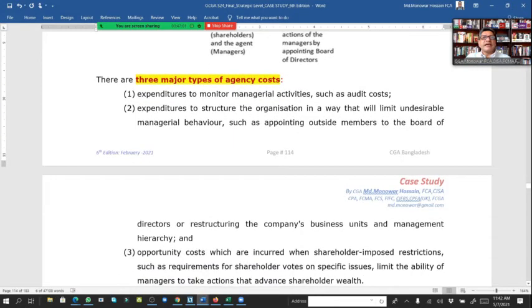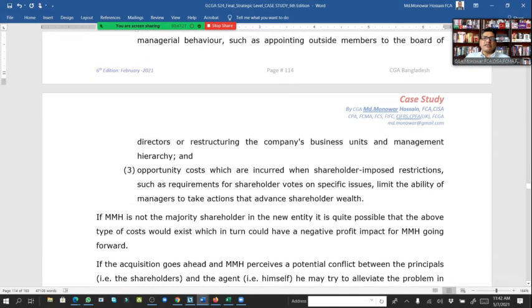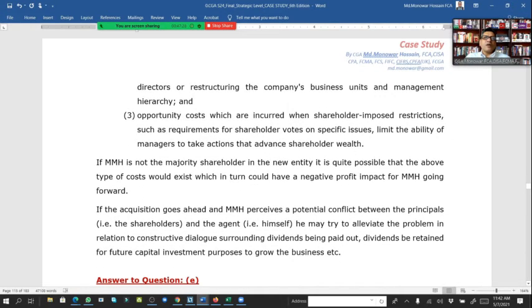One is expenditure to monitor management activity, such as audit cost. Expenditure to structure the organization in a way that encourages desirable managerial behavior, such as appointing outside members to the board of directors, is agency cost. Opportunity cost is also an agency cost.